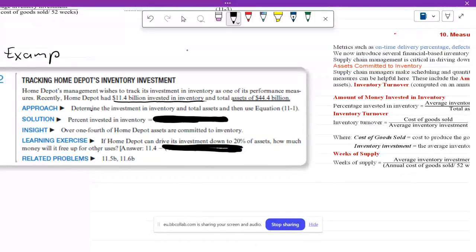Total assets, and use the equation for percent invested in inventory. So where is the formula? Percent invested in inventory. So we're going to use this formula here.